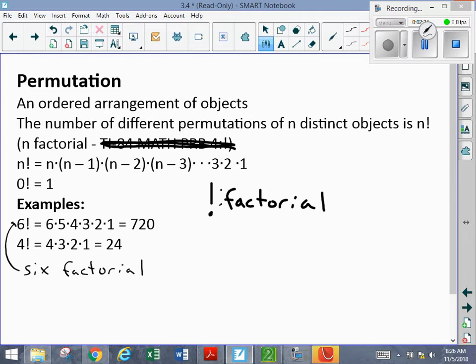It's kind of crazy stuff, right? The exclamation point is actually a mathematical operator. I'll go ahead and show you where to find that on your calculator here in just a moment.